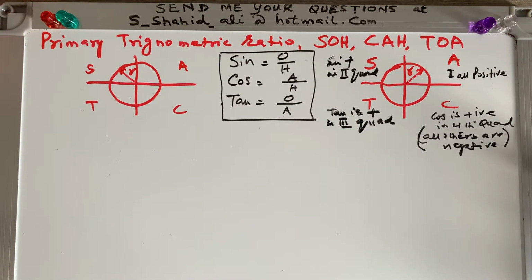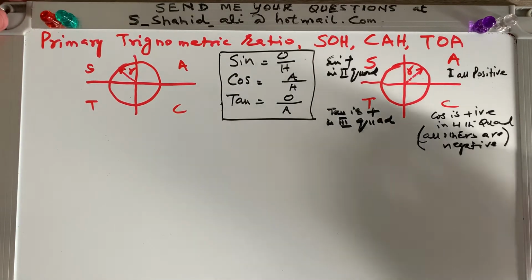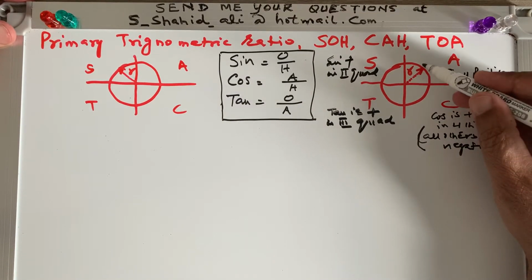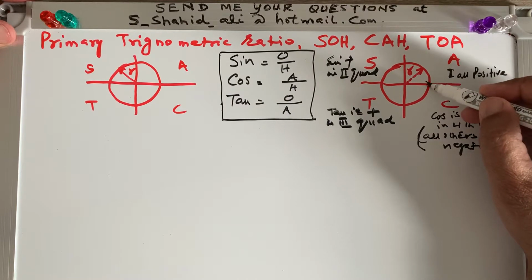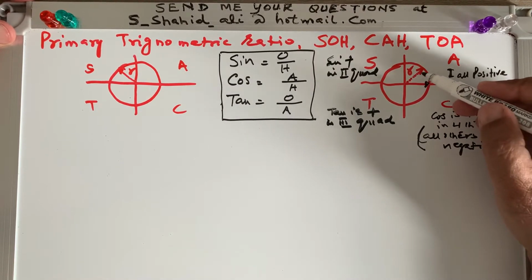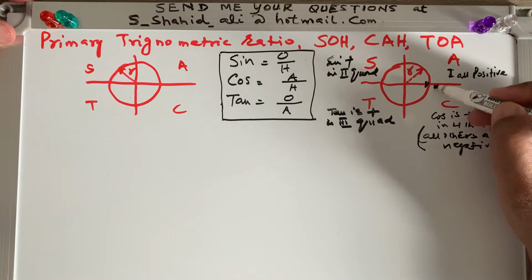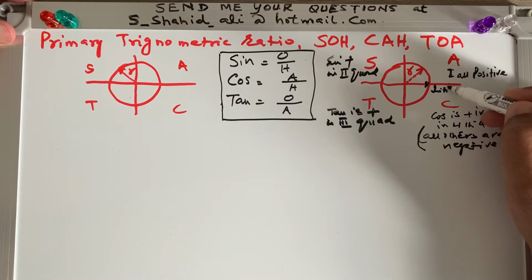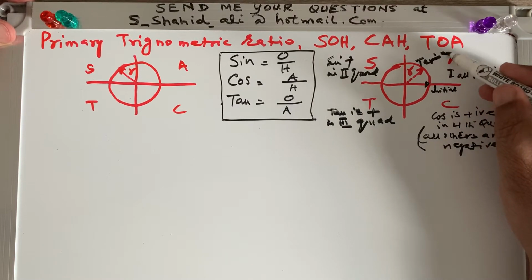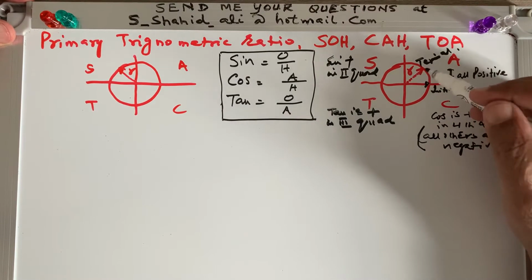So this was our basic development, and now we have R, a vector or a resultant, as a terminal arm. We learned that if it is this theta or beta or whatever angle it is, this moves the initial arm to the terminal arm. What do they form?